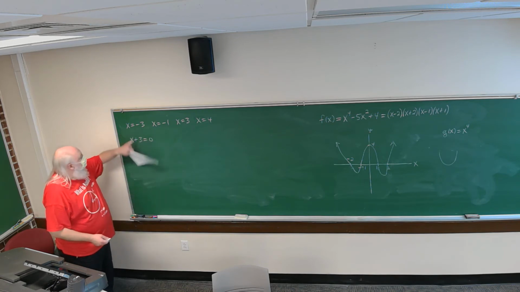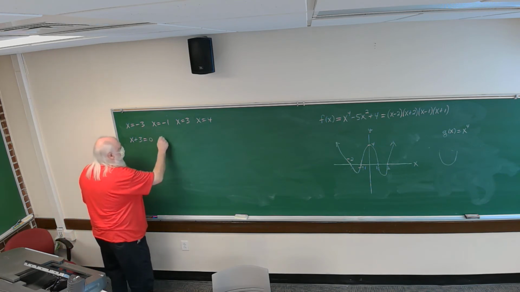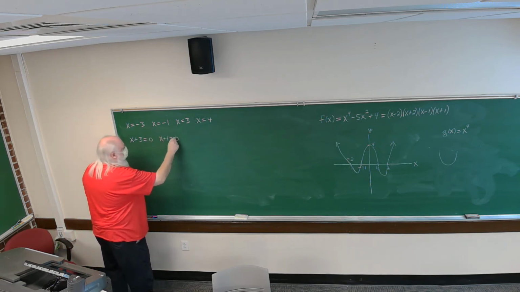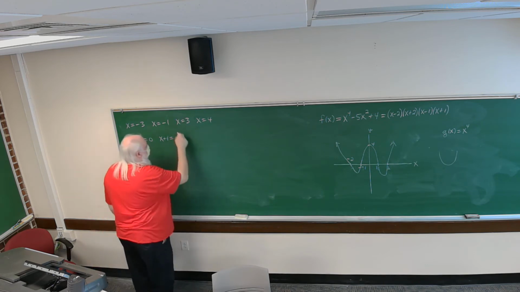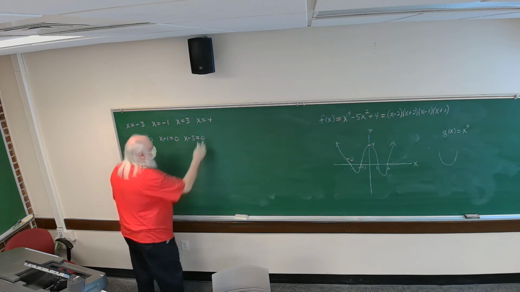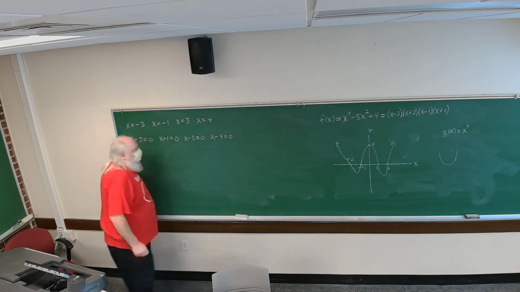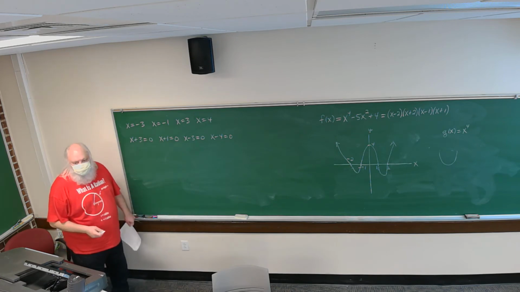So if I add 3 to both sides, I get x plus 3 is equal to 0. I add 1 to both sides, I get x plus 1 is equal to 0. I subtract 3 from both sides, get x minus 3 is equal to 0. I subtract 4 from both sides, I get x minus 4. Right? We're sort of working in reverse.